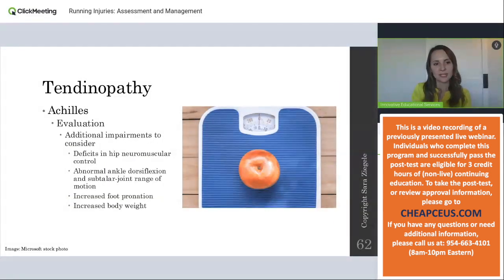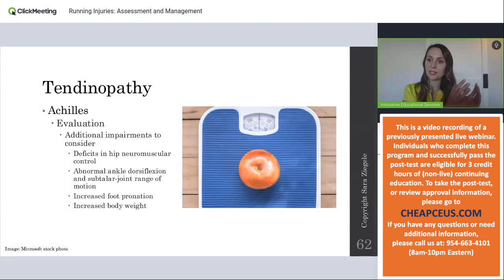Other things in the evaluation of this patient that you would also want to consider are deficits in hip neuromuscular control. This is one that I really like to include in most of my Achilles rehab evaluations: how is the posterior chain working together? We've got push off happening many, many times a minute.